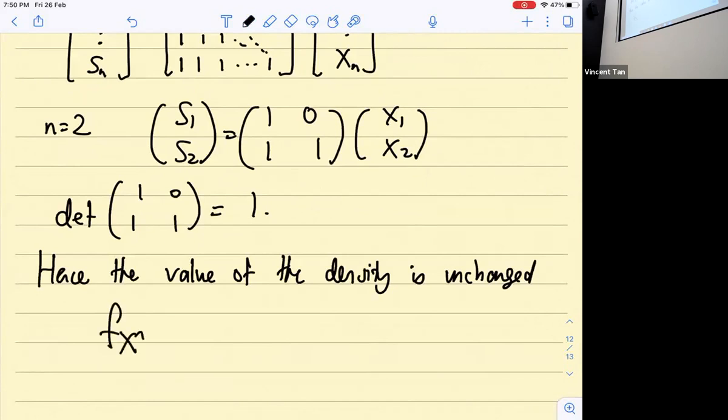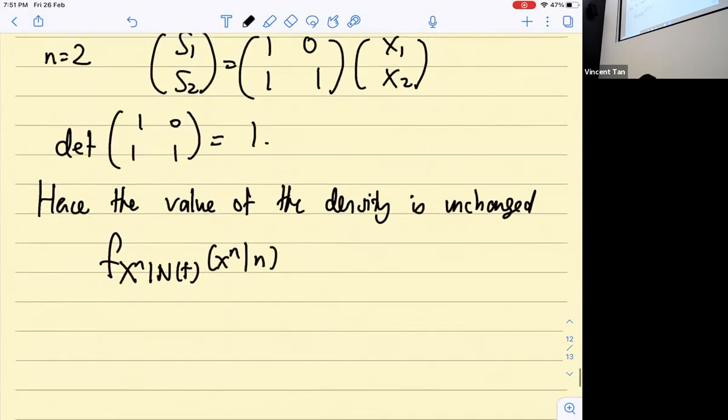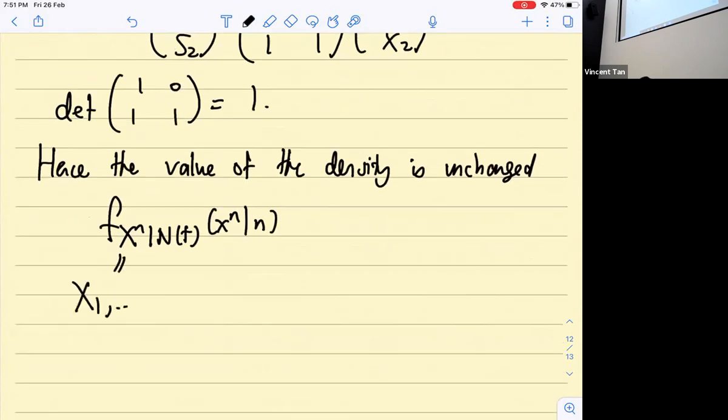So f of X^n and T given N. And again, I am very lazy. This is my notation for x1 to xn. This is the information theorist notation, and I'm an information theorist. This is nothing but n factorial over t^n. But the region where it is zero and non-zero changes.